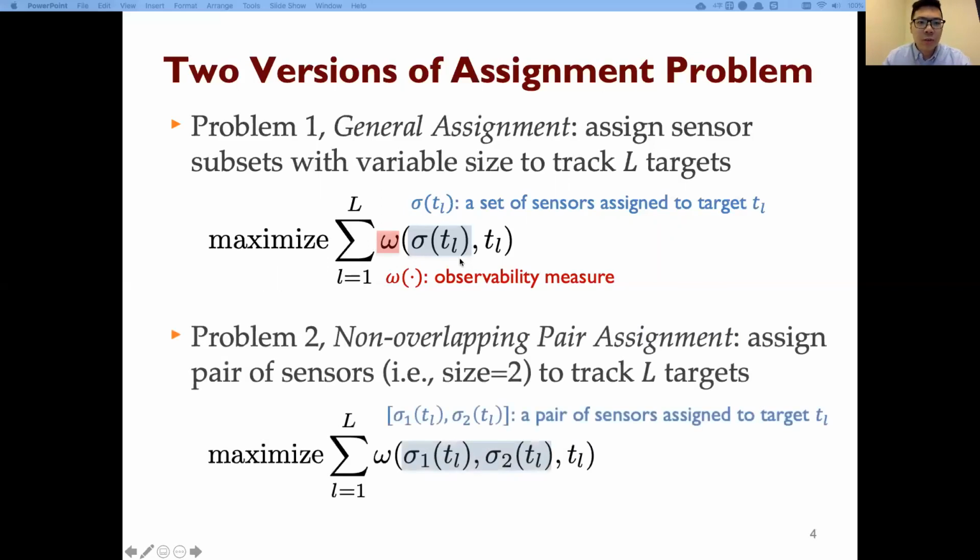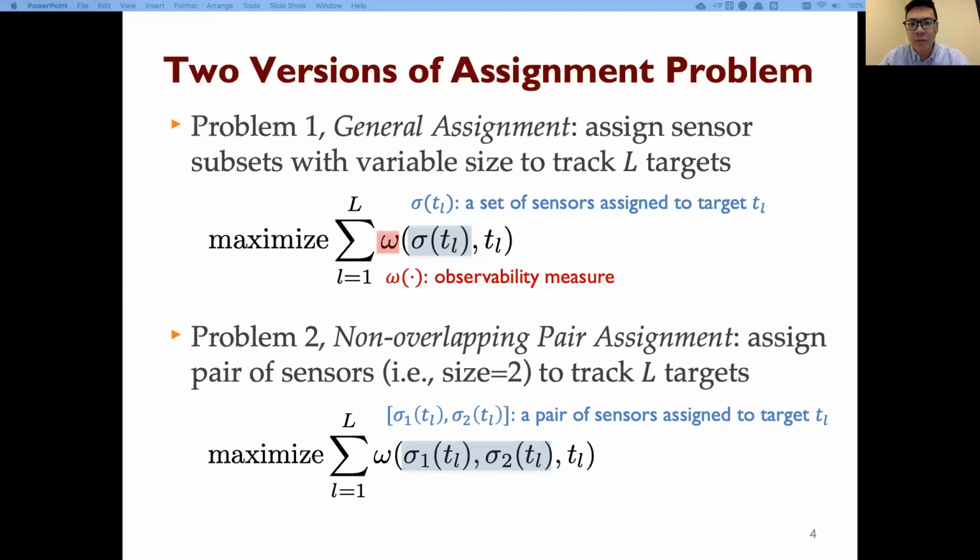Then we studied a restricted version of the general assignment problem, that is non-overlapping pair assignment, where we assign exactly a pair of sensors to track each target. This is motivated by the previous study that two sensors are necessary to track a target in a 2D environment if the sensor is either the range sensor or the bearing sensor. Again, the objective is to maximize the total observability measures of all targets. These two problems are NP hard, which means there's no polynomial time algorithm for solving them optimally.